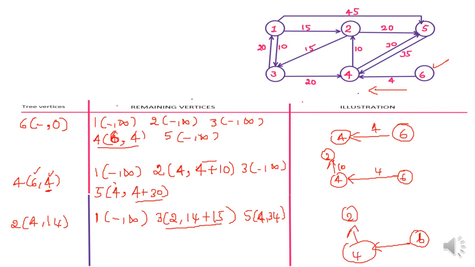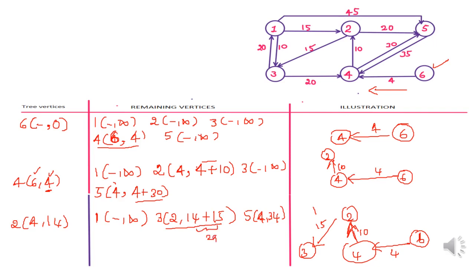Now 3 is giving the shortest distance. So this will be 15, 10, 25, 4, 29. So you can see here the shortest distance is 3, 2, and then 14 plus 15, that is 29.